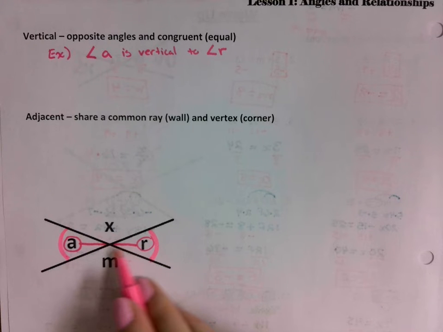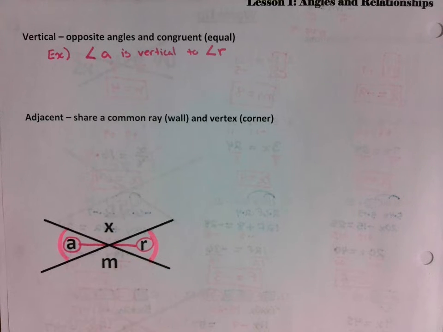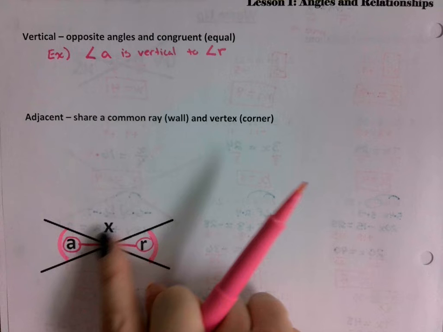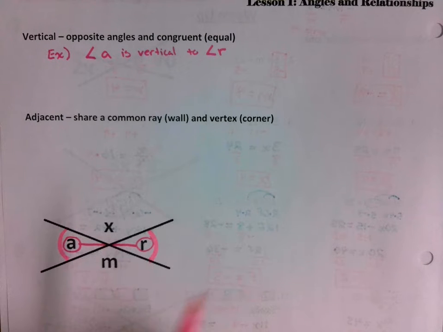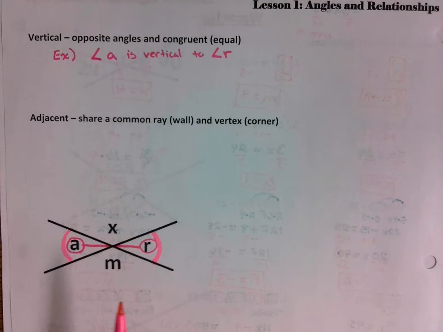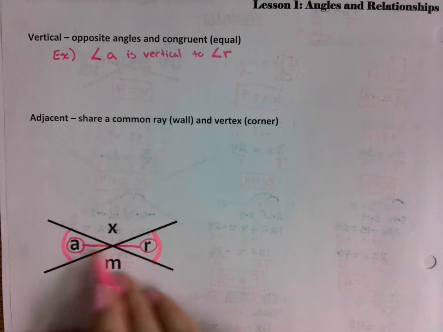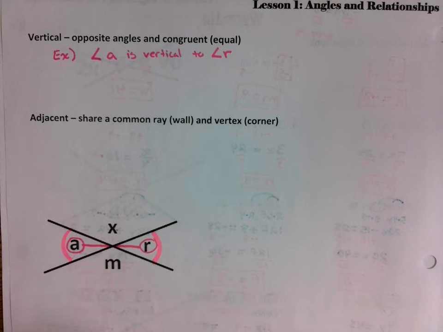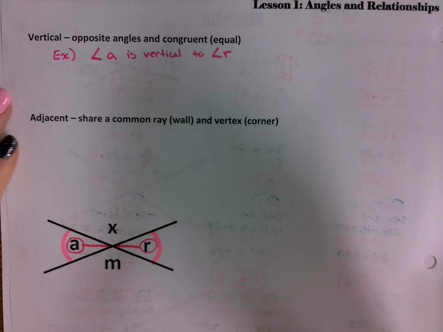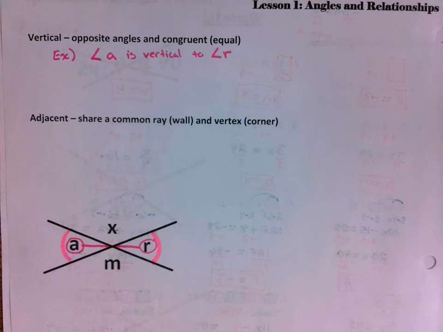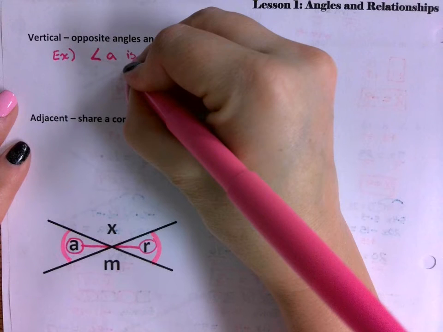If at any point you have to curve that line or bend that line to get to another angle, then it is not a vertical angle relationship. They have to be directly straight across from each other. Does that make sense? Okay, so because of the fact that angle A and angle R are vertical angles, that means angle A is equal to the measurement of angle R.